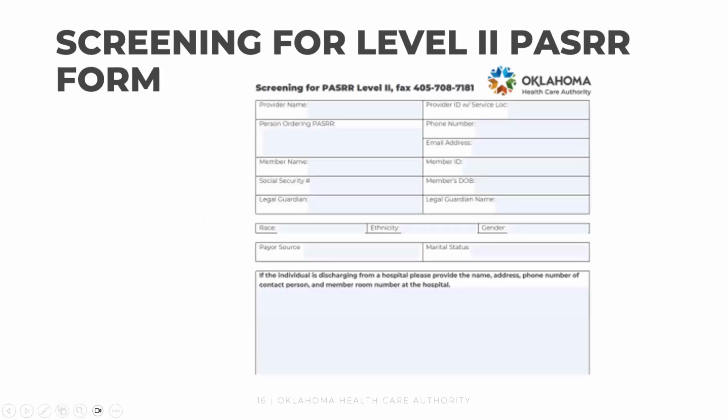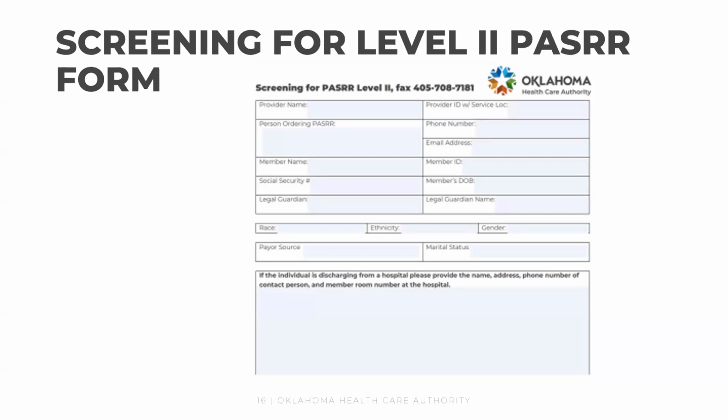Here's a picture that you all are familiar with. I want to say something. We still have providers that are submitting forms. We updated this form years ago, and we still see submissions on older forms. So let me give you a hint. If the form that you're filling out does not have these two things, you're using an outdated form, and please contact us so we can tell you how to get the current form.